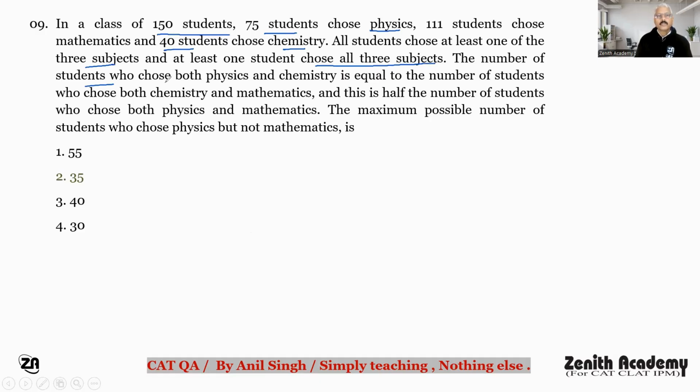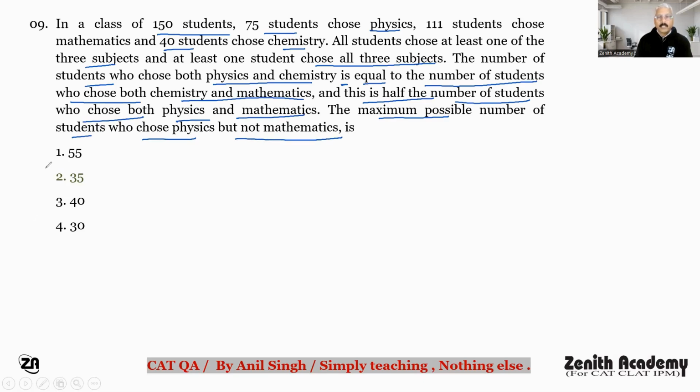The number of students who choose both physics and chemistry is equal to the number of students who choose both chemistry and mathematics, and this is half the number of students who choose both physics and mathematics. The maximum possible number of students who choose physics but not mathematics.